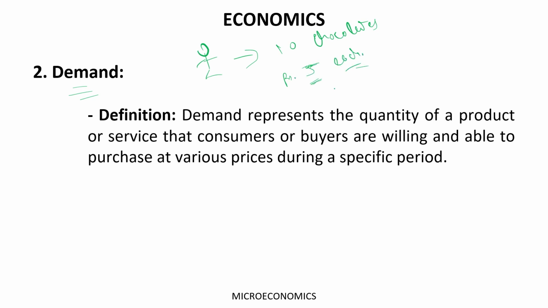Okay. So this person wants a certain quantity of 10 chocolates and is willing to offer the price of rupees 5 each, or in total rupees 50. Okay. So this is the demand, in which we have a certain quantity with a certain willingness of price, during a certain specified period. All right.